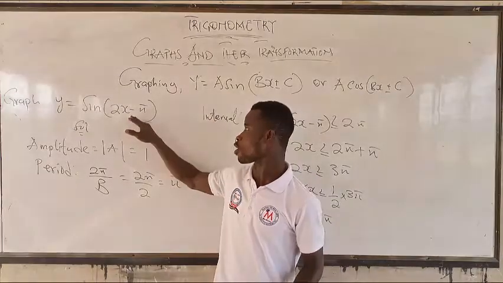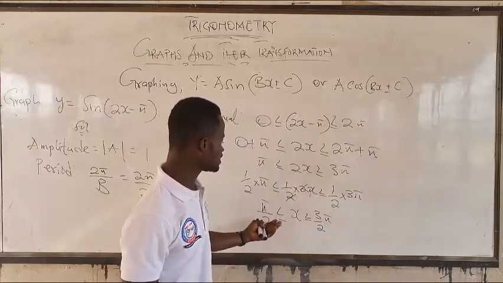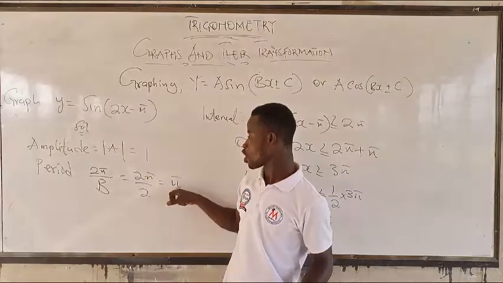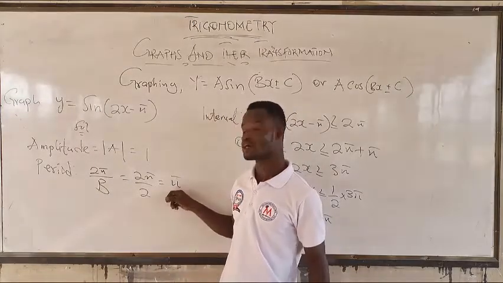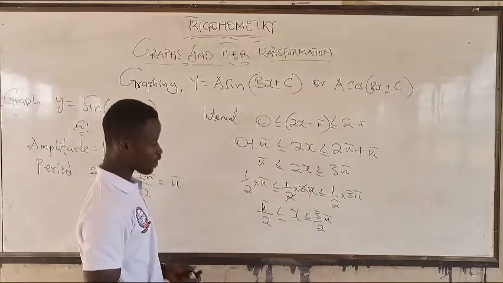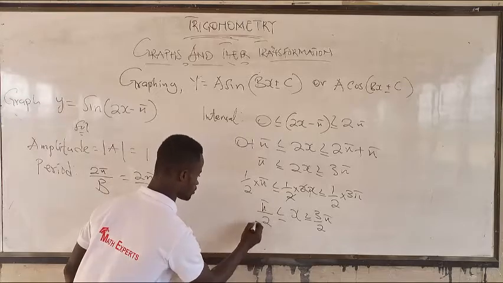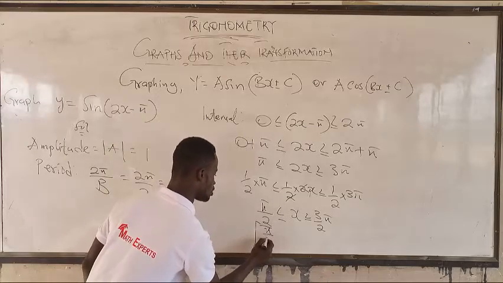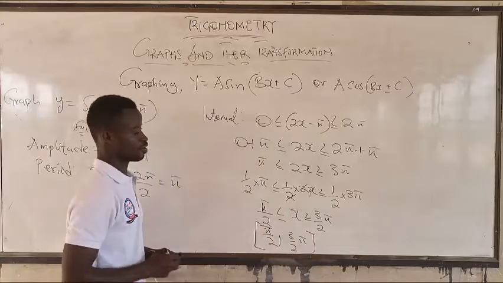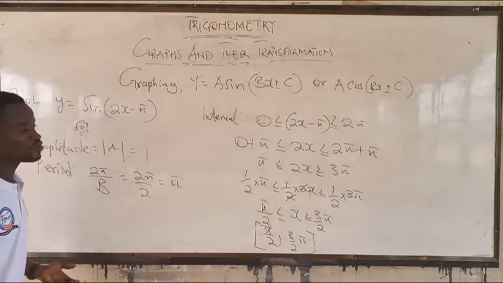But when it is transformed, when it is in this form, getting the right end point doesn't mean that it's going to be the same as the period. It's not like that. Very good. So that is how we find the end points, and you end by saying that the interval is going to be bounded within pi over 2 and 3 over 2 pi. That is how we find the interval, and that is how we find the period.